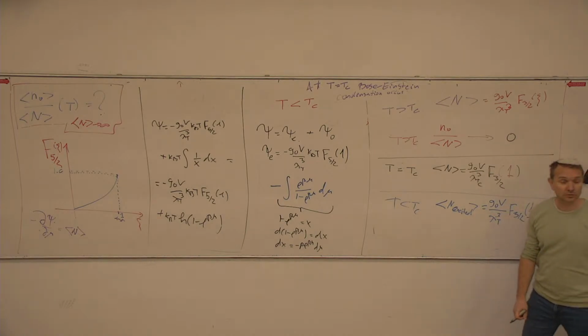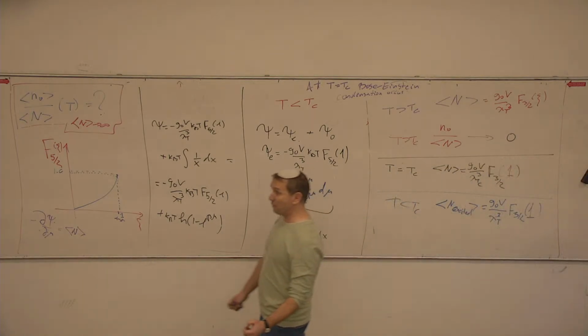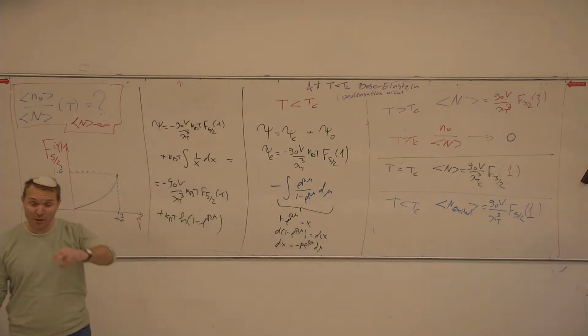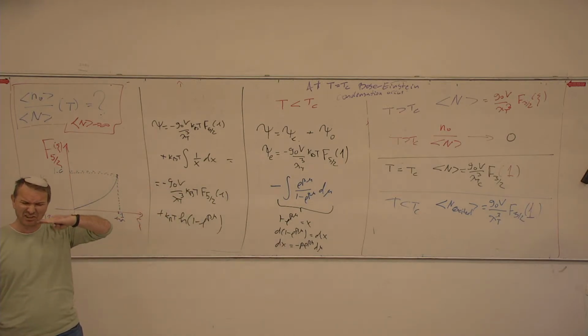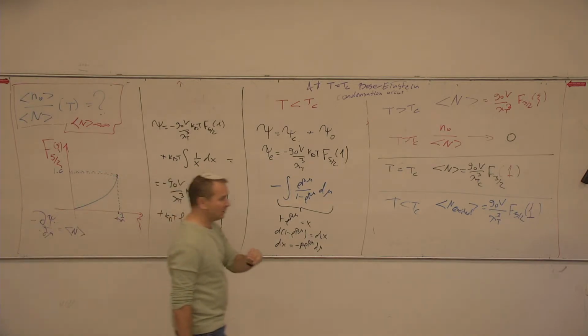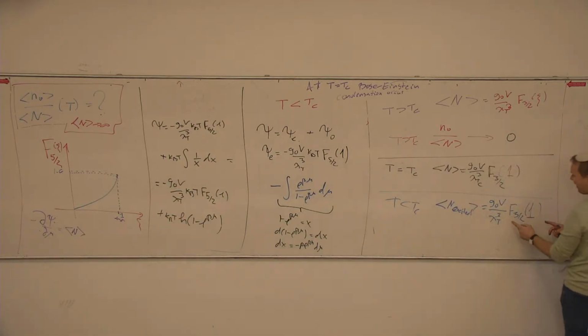Just 1, right? Because I know that the fugacity is really close to 1. For what I care, this number is 2.31 or 32 plus something small. I don't really care what this something small is. Small contribution, I completely forget about it.